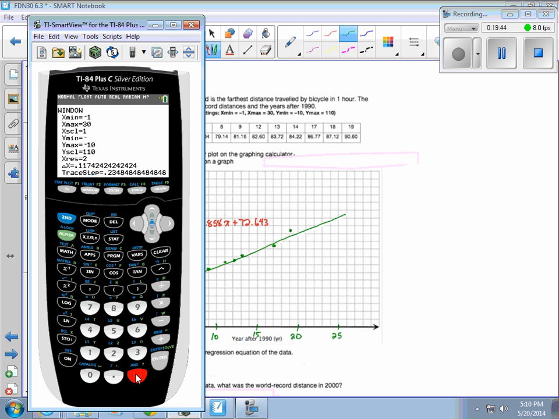Y min was supposed to be -10. This is supposed to be 110. Go up by 2s. I think that was normally a 1. Oh, it's got that Y equals on there, so ignore that line.